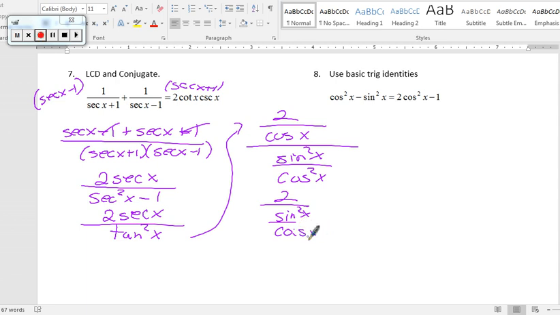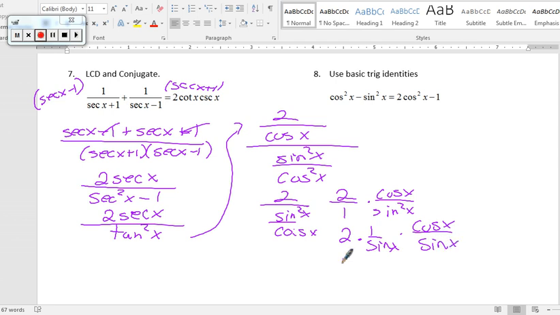Now remember, with the fractions here, we can keep, change, flip with the dividing of the fractions. So it's going to be 2 over 1 times cosine x over sine squared x. I'm going to split out the sines here, so I'm going to have 2 times 1 over sine x times cosine x over sine x.